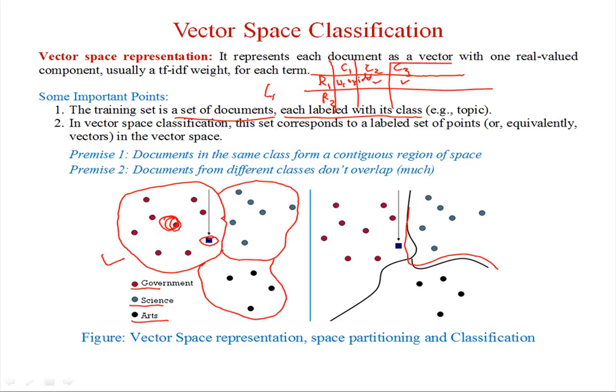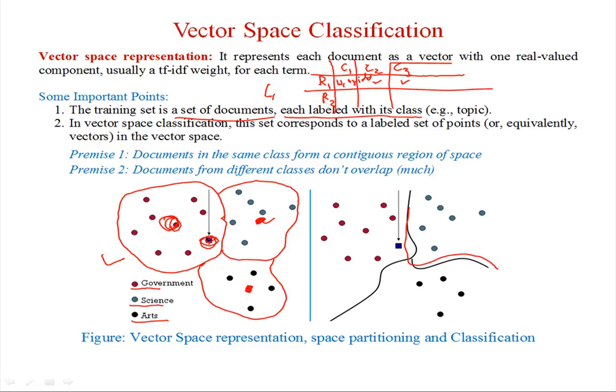And after that, suppose a new document comes, for example this one. Then we will calculate the cosine of the angle between this centroid and this document. Similarly we will calculate the cosine of the angle with this centroid, and with this centroid, and check which one is the shortest.